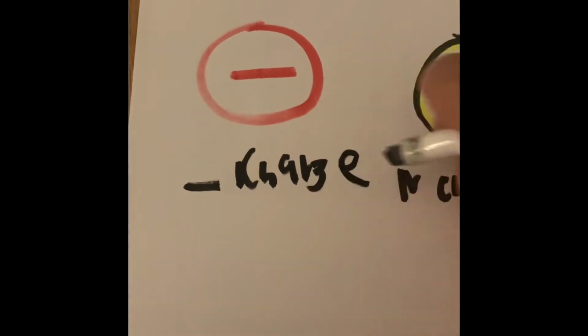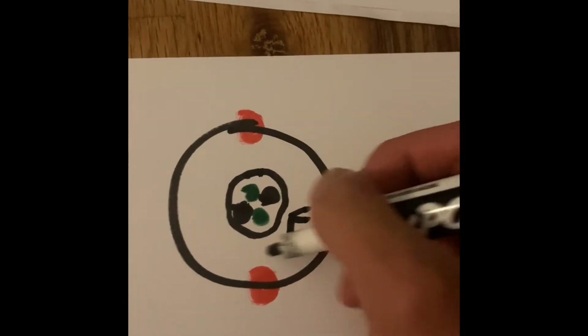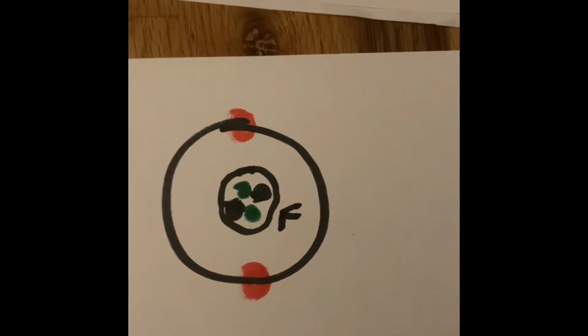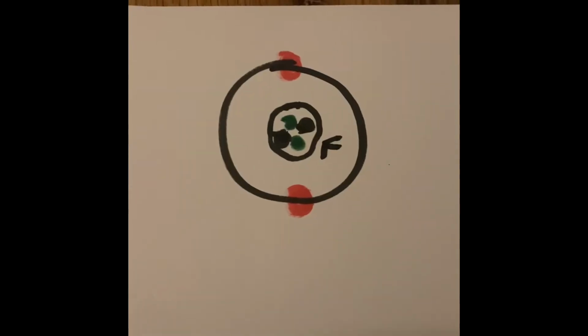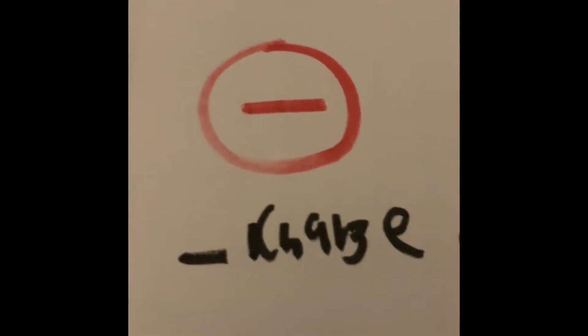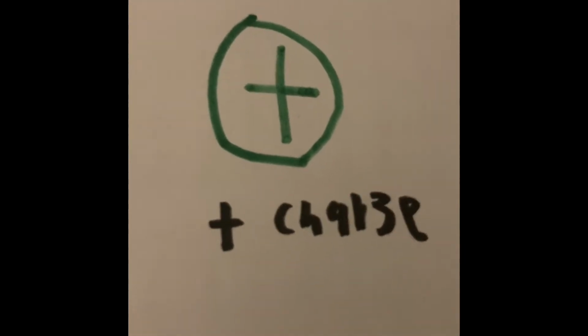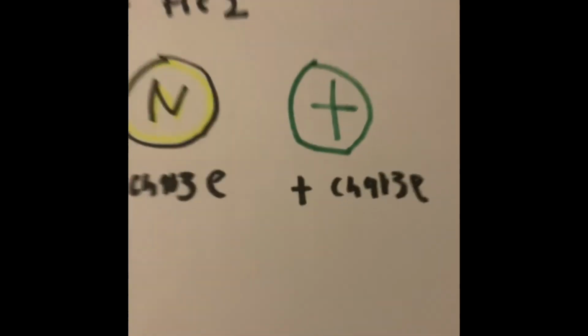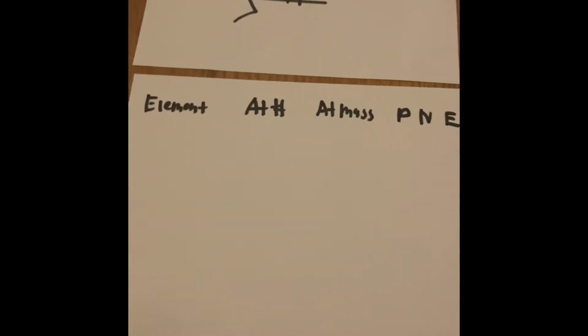Instead of staying stuck inside the nucleus, they orbit around the atom, and they give the atom energy. So now we understand what an electron is, a neutron is, and a proton is. Let's see how we can calculate them.